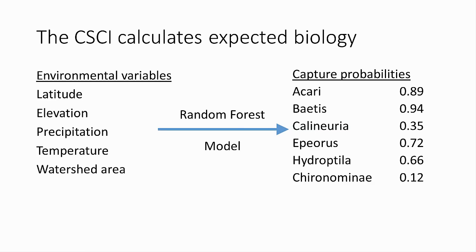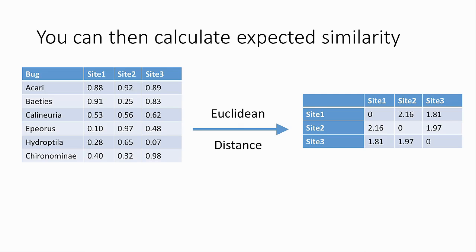You know which taxa you expect to find and how likely you are to observe them at your test site. If you do this for a bunch of sites, you can take a site-by-taxon matrix and easily transform it into a site-by-site similarity matrix, or in this case, it's expected similarity. So the CSCI can help you figure out how similar two sites might be if they were both in natural condition.